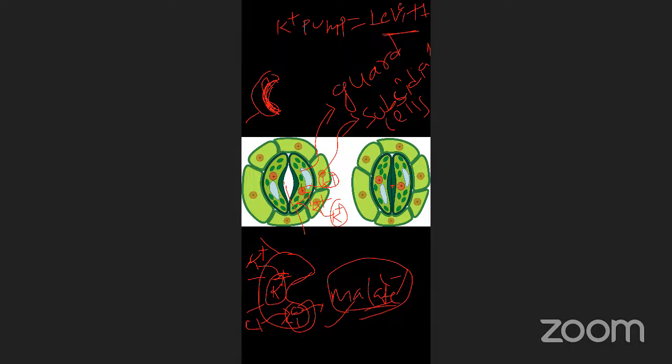Negativity means the water potential value becomes more negative, right? So according to water potential, water moves from where to where? From high water potential to low, or low water potential to high? We already discussed this yesterday.